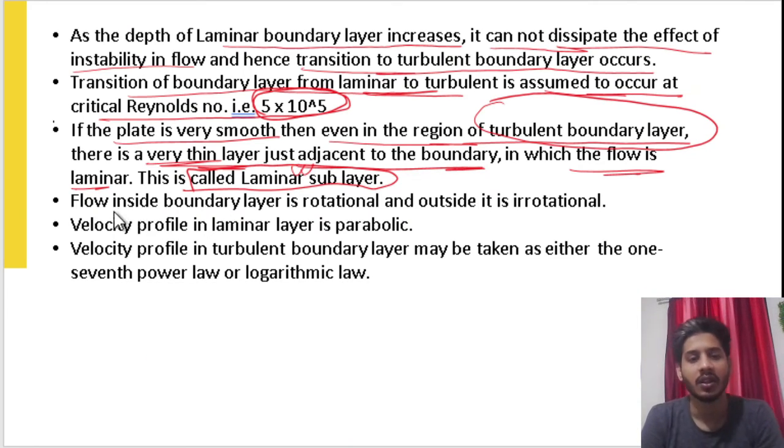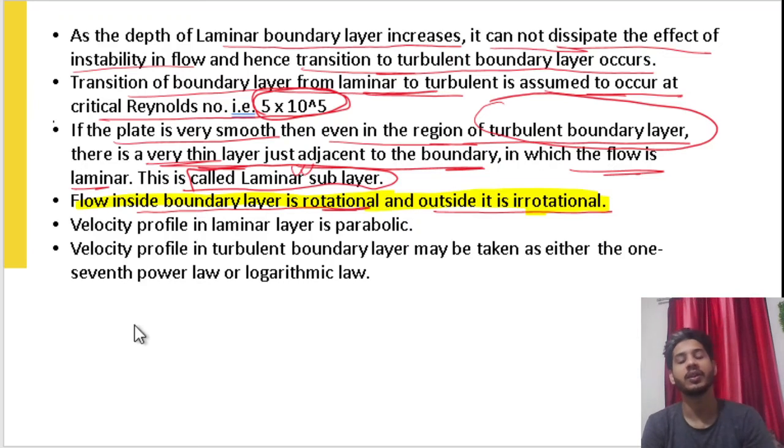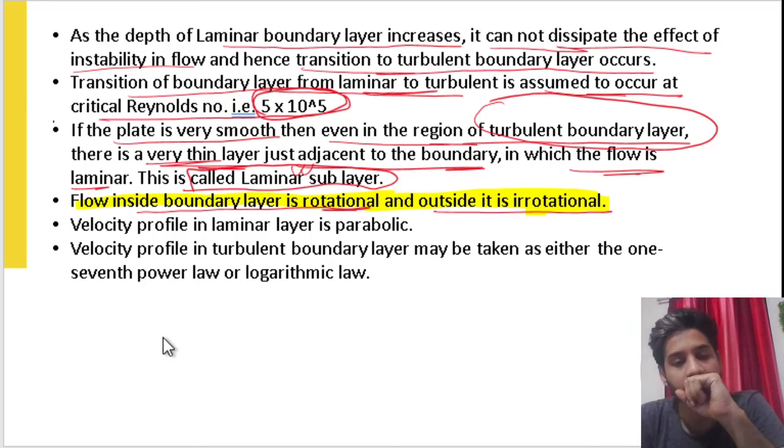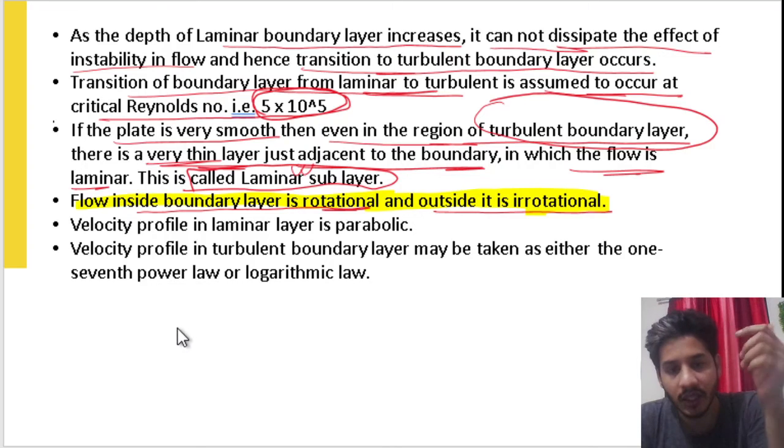Other thing, flow inside the boundary layer is rotational and outside is irrotational. This is very important. It was also asked in a previous year GATE question. Why is this happening? In the boundary layer there is velocity gradient, there are shear stresses which are acting within the fluid.